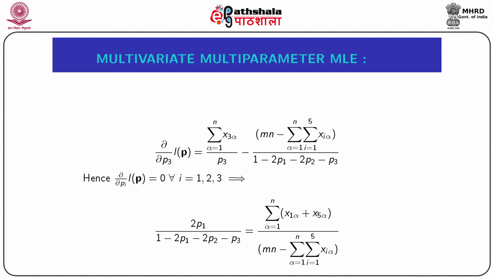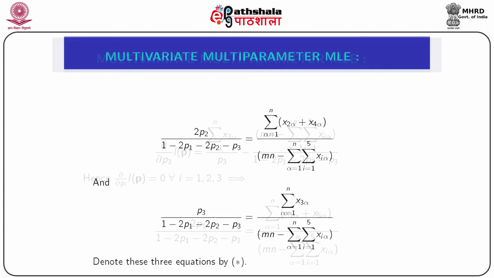Hence, the likelihood equation del pi of the log likelihood function equal to 0 for all i from 1, 2 and 3 finally implies 2p1 divided by (1 minus 2p1 minus 2p2 minus p3) equal to summation (x1 alpha plus x5 alpha) divided by (mn minus double summation xi alpha). Similarly, we get the other two forms from the remaining two likelihood equations.